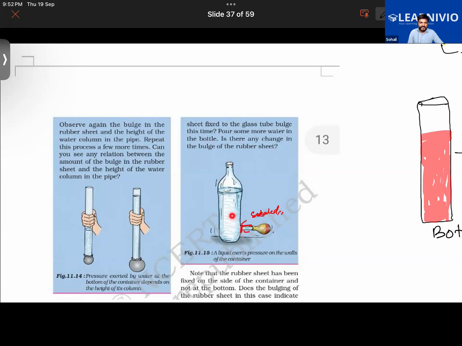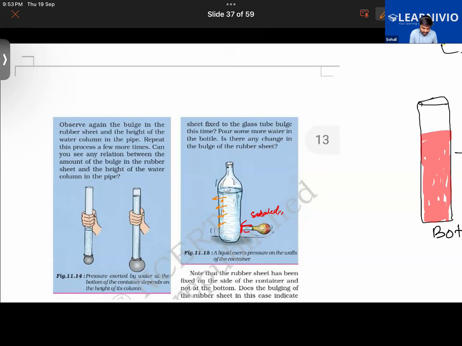As the liquid goes into this rubber balloon, the balloon starts to expand. So what does this say? It says that the molecules of the water must be hitting the wall of the container, applying some force on it.